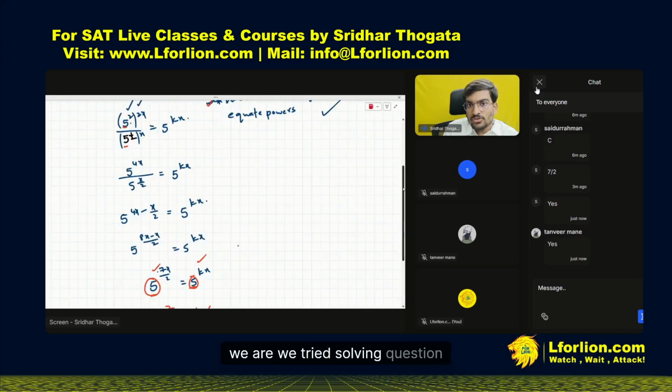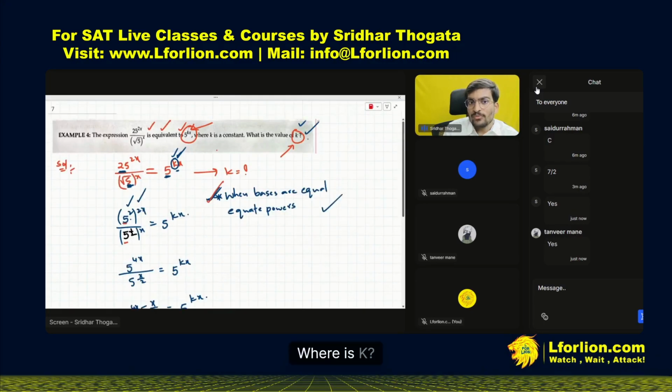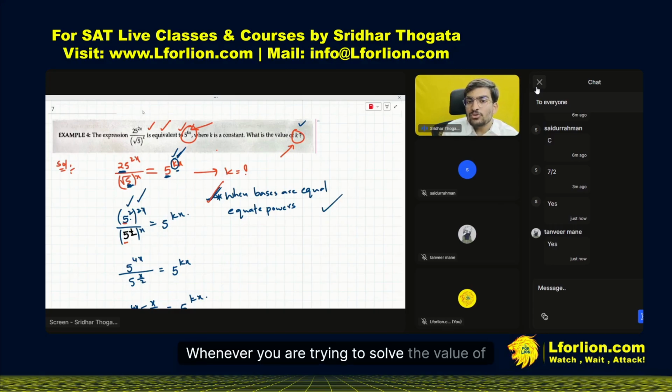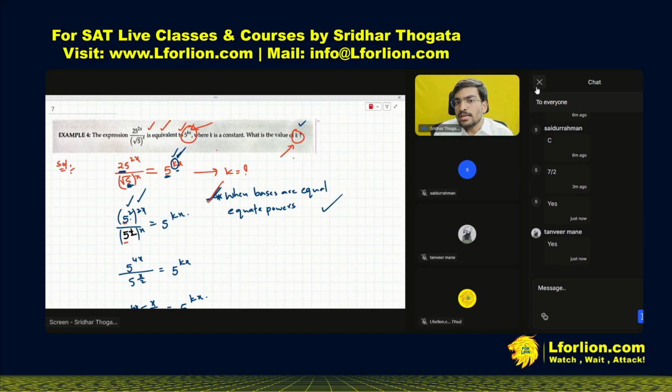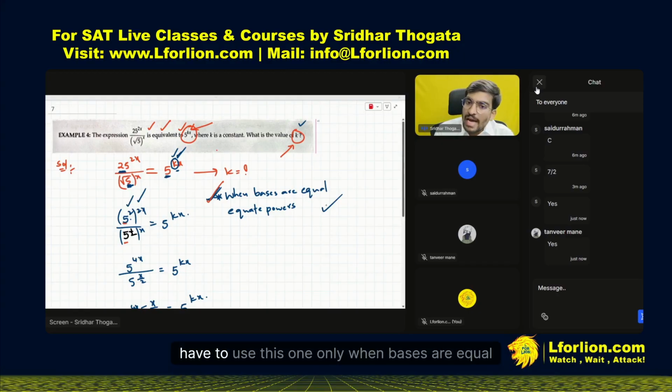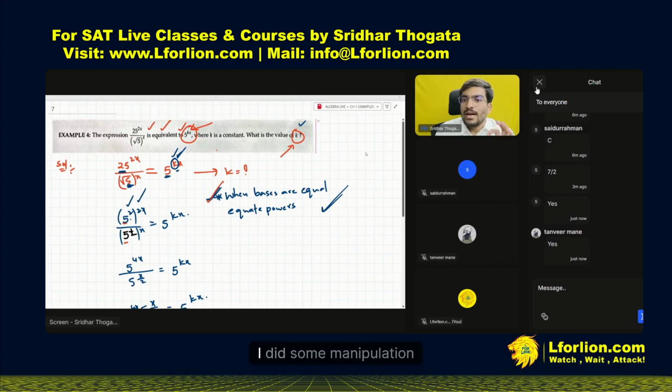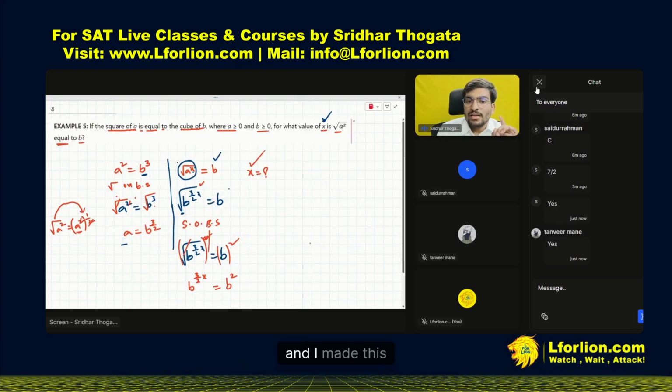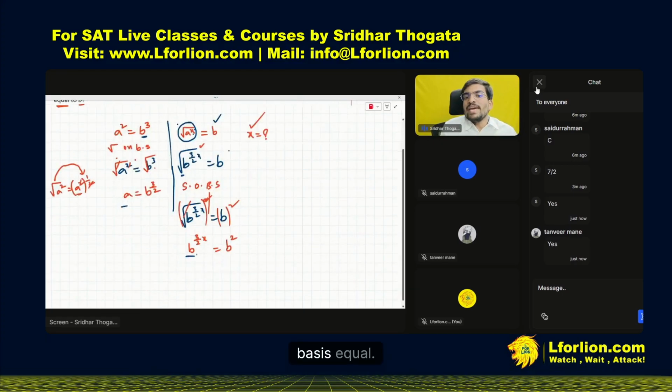The same thing we did just before. We tried solving the question for k. Where is k? K is in the exponent. Whenever you are trying to solve for the value of an exponent, you must use this rule only when bases are equal: equate powers. So I did some manipulation and I made these bases equal.